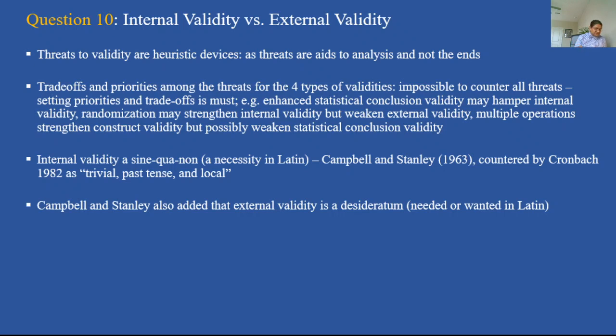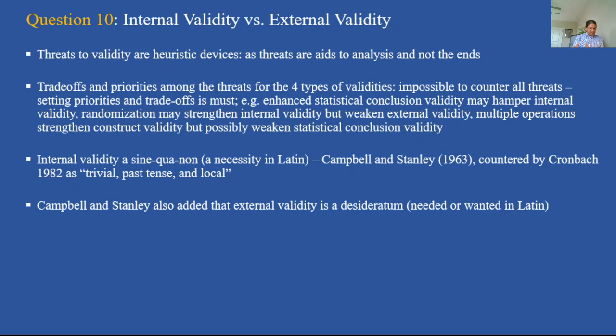Their argument was that internal validity is the basic minimum for an experiment, while external validity, though important, can never be fully assessed, so not as important as internal validity. This notion, however, was countered by Cronbach in 1982, stating that internal validity is trivial, past time, and local, while external validity is forward looking.